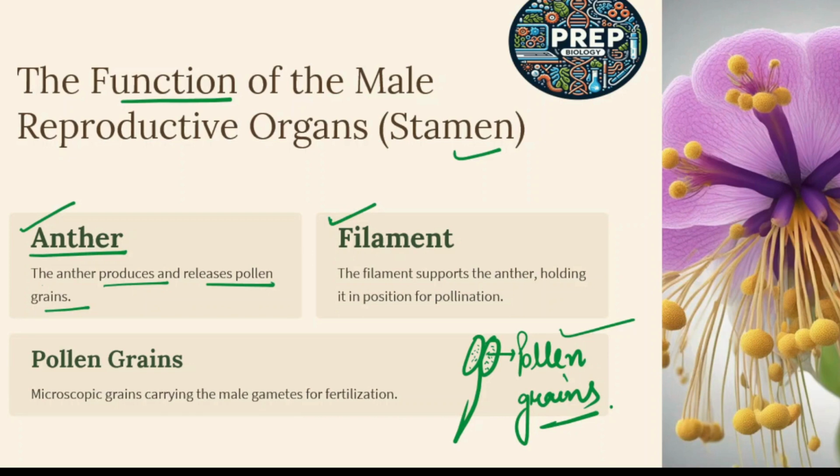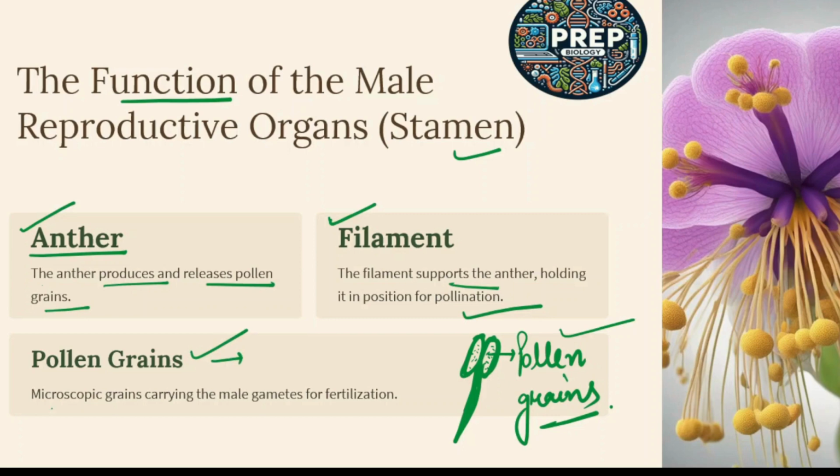What is the filament? The filament supports the anther and holds it in position for pollination. It is the stalk of the anther which supports the anther. Now pollen grains contain the male gametes.